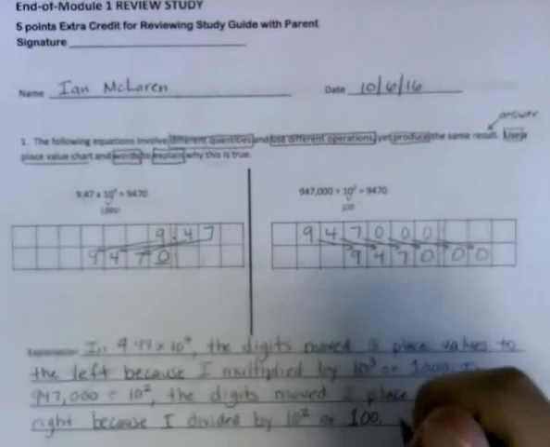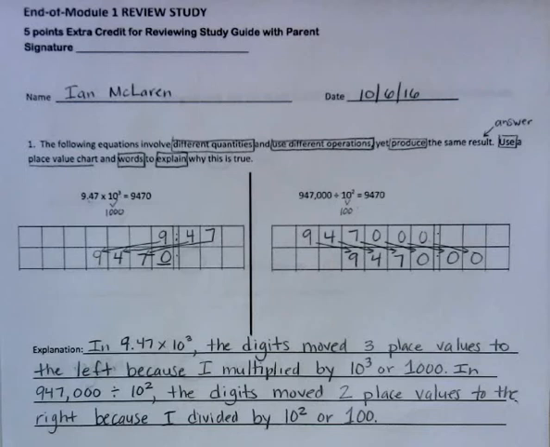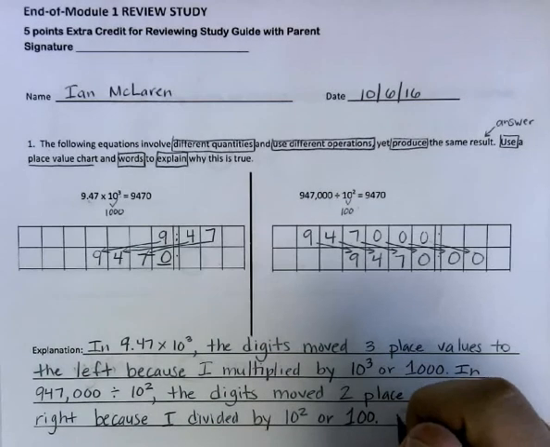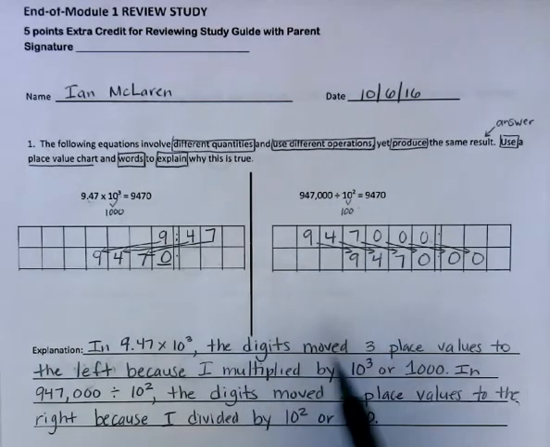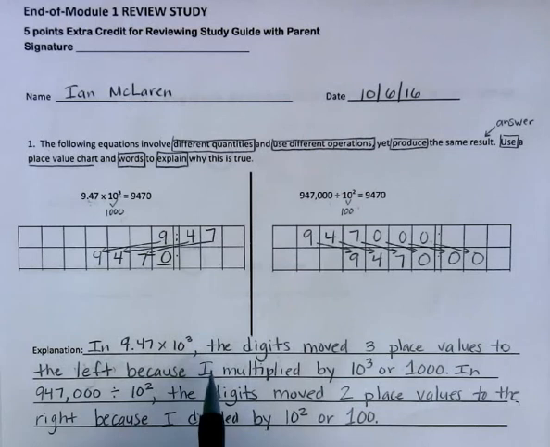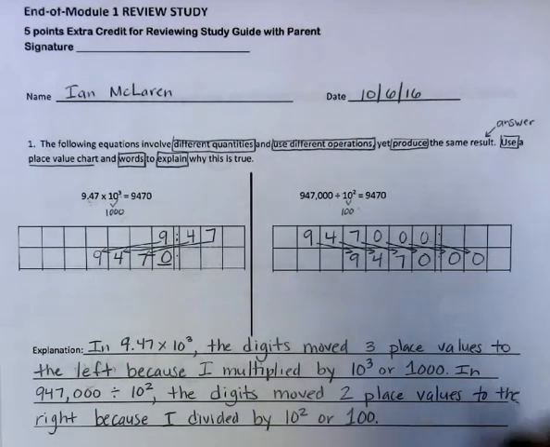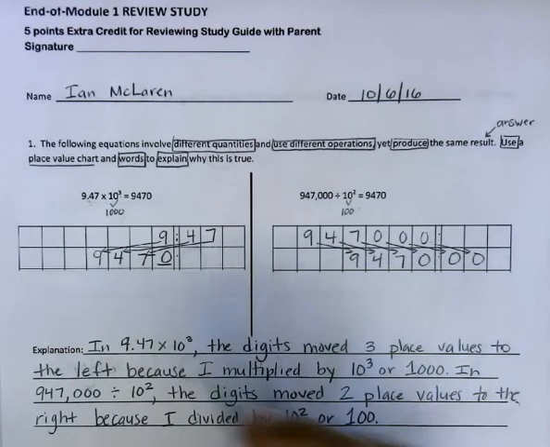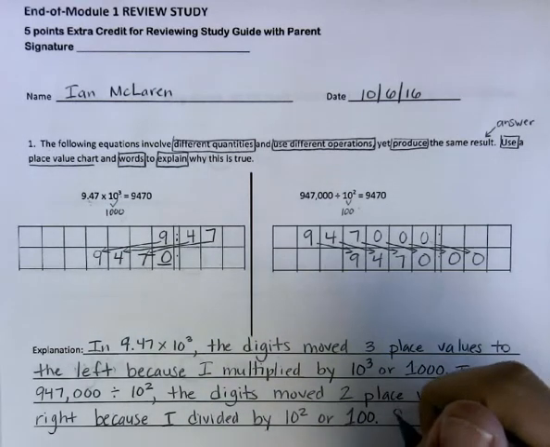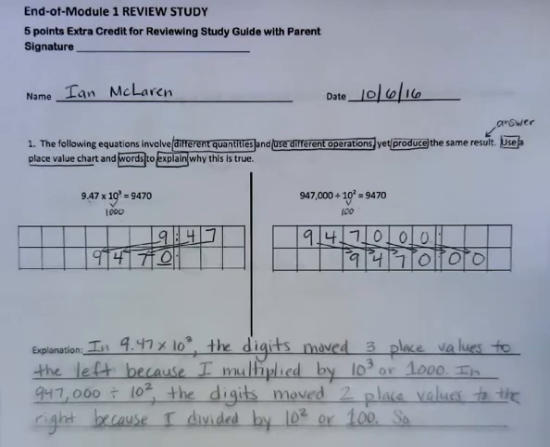And then we're going to add this final sentence. I'd like you to add it down on your explanation. We're going to say, since we did these two explanations, I want to just confirm that because I did something completely opposite for each problem, I still got the same answer.